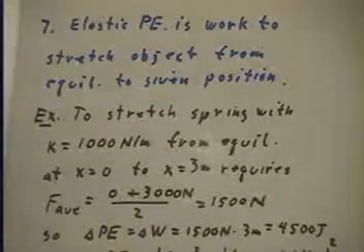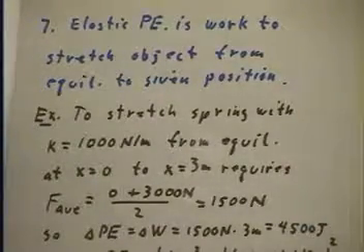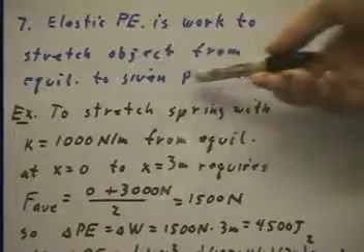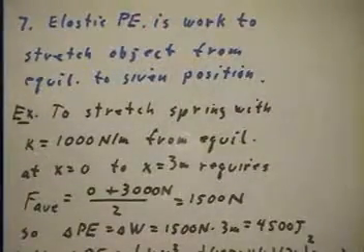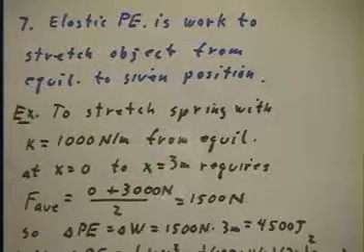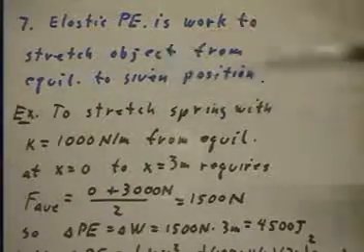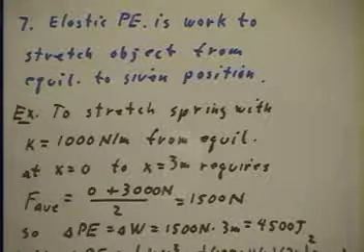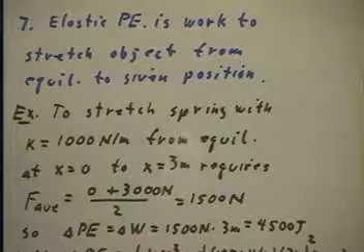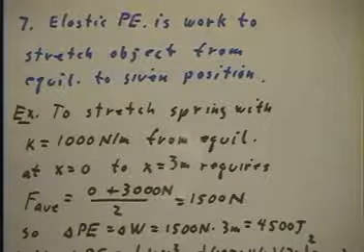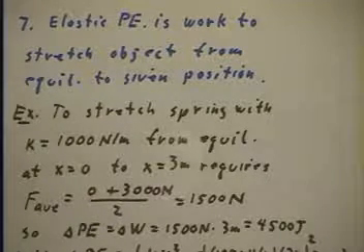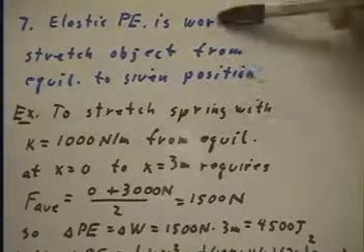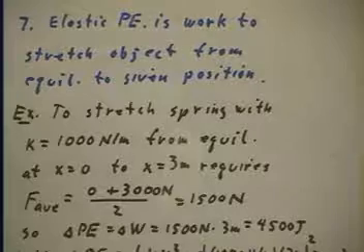Elastic potential energy, we're going to say, is the work required to stretch an object from equilibrium to a given position. Now, maybe a little ambiguous about object. We have a mass, and we have something like a spring or a rubber band, or the tension in a pendulum, or as we've seen, the buoyant force of water on a uniform cylinder bobbing up and down in the water. All of these give us something very much like elastic potential energy.